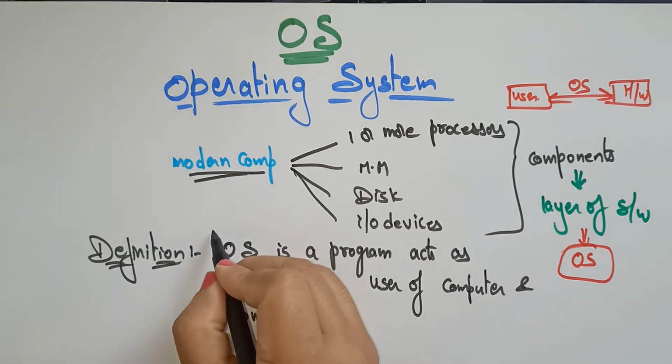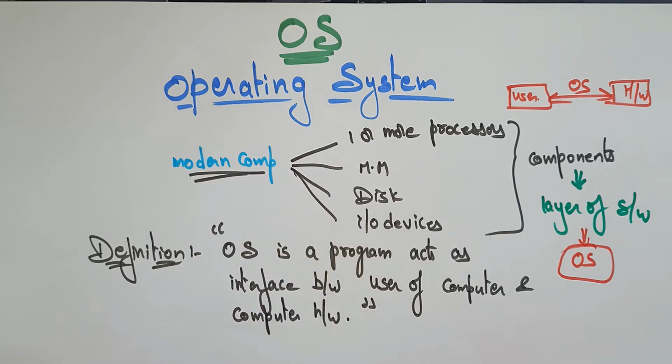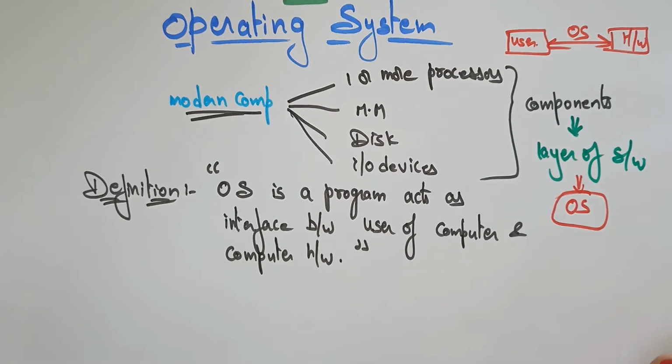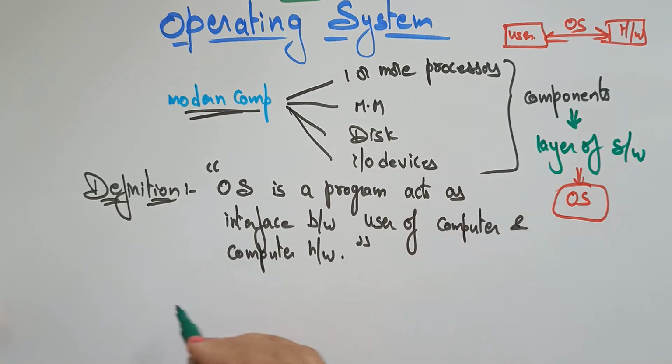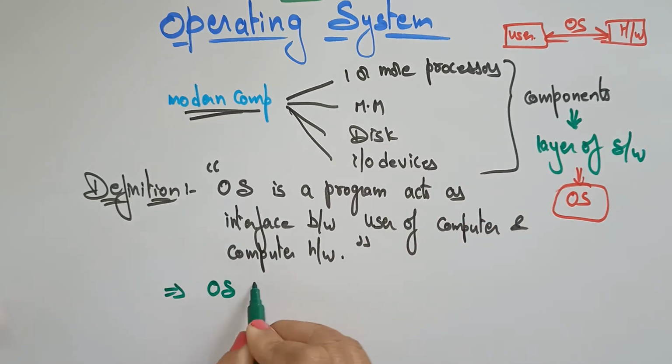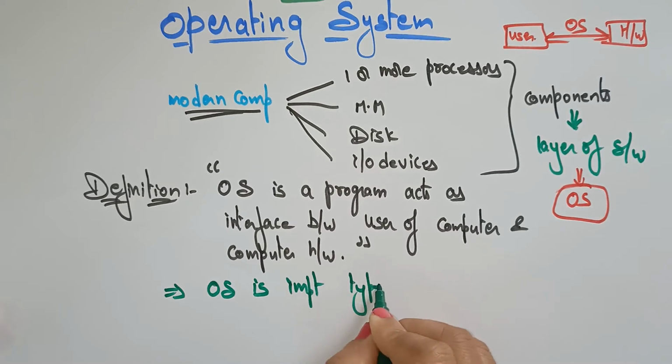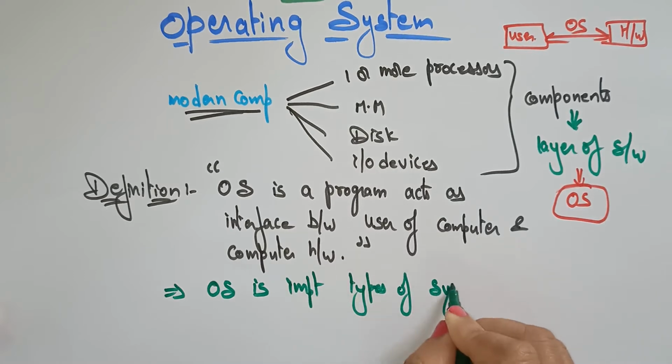Let's have a look again: an operating system is a program which acts as an interface between the user of a computer and computer hardware. One point you have to remember is that it is the most important type of system software.